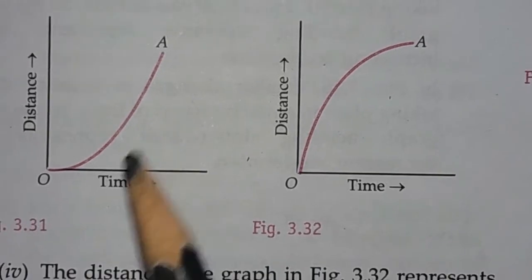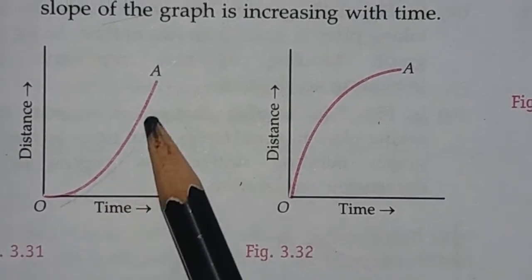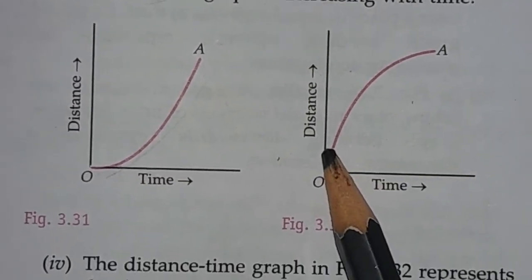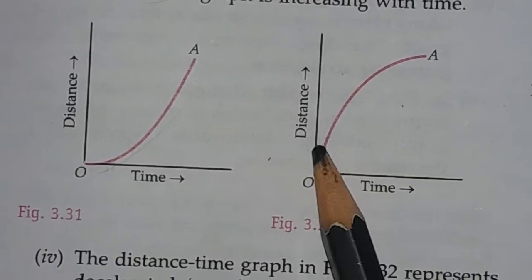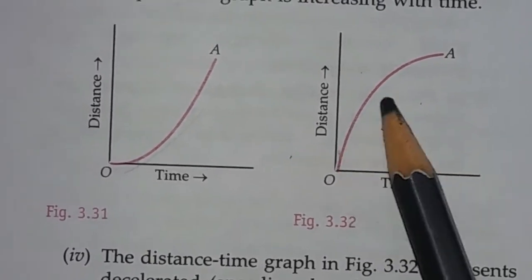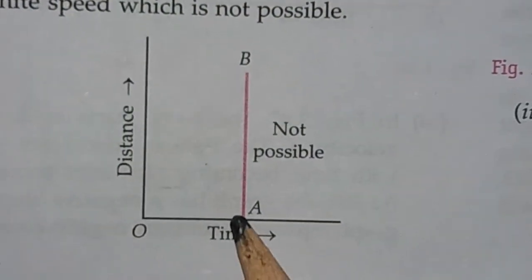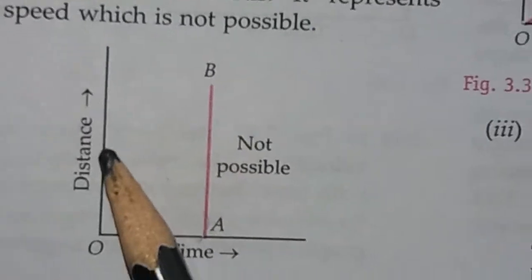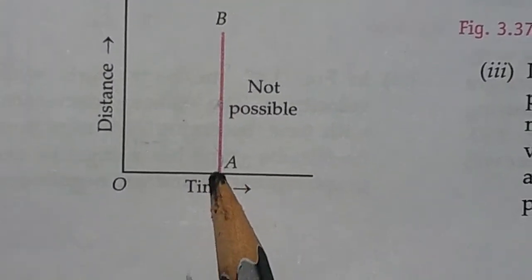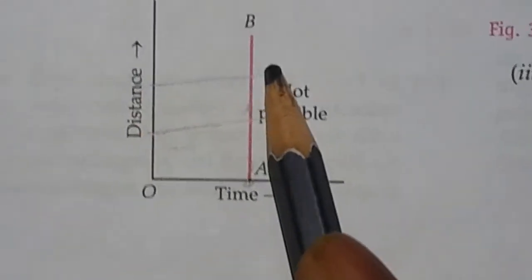This is a distance time graph for uniformly accelerated motion, a parabolic one. This is the distance time graph for decelerating, that is, negative acceleration. This is a distance time graph, a straight line parallel to the distance axis. It is not possible because at a given time you have a number of distances.